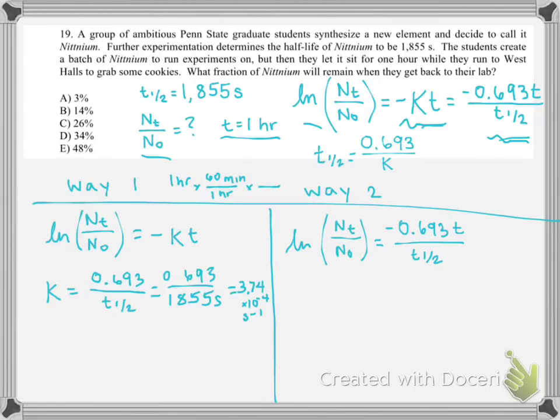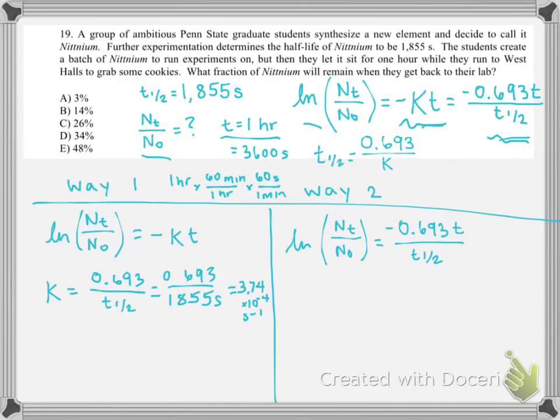And in 1 minute we have 60 seconds. And so this 1 hour is equal to 3,600 seconds.